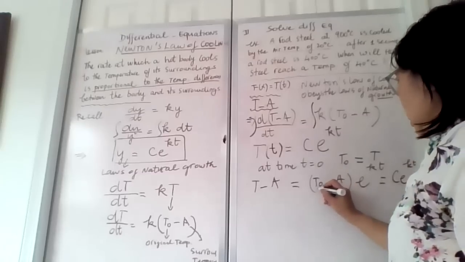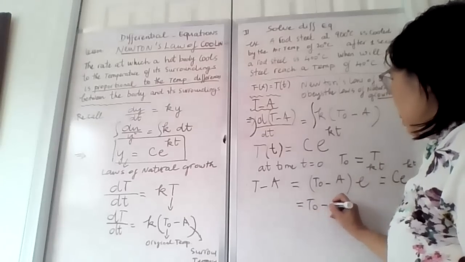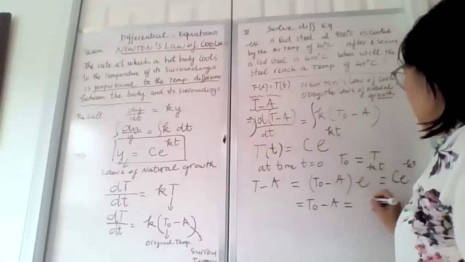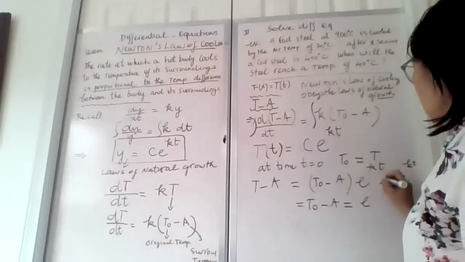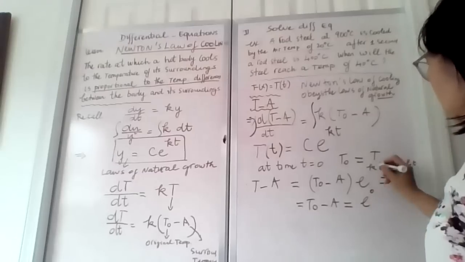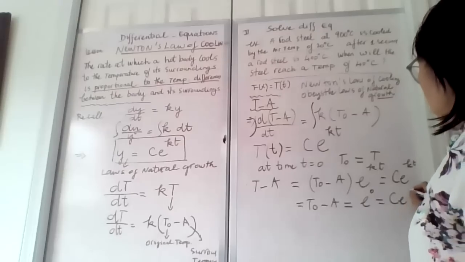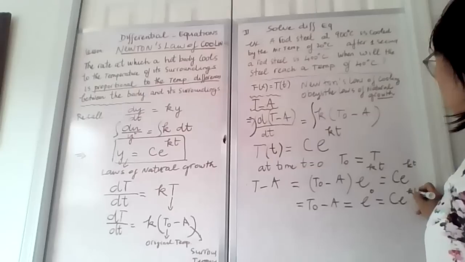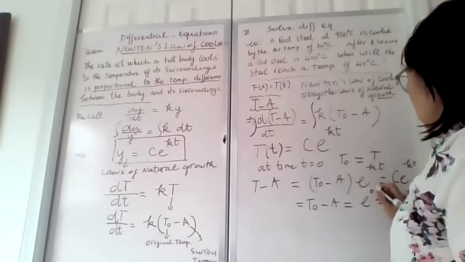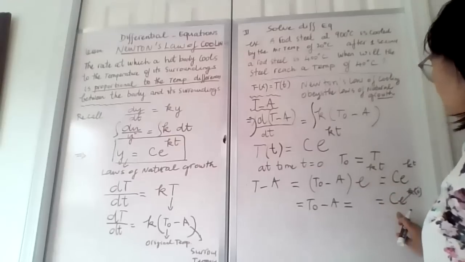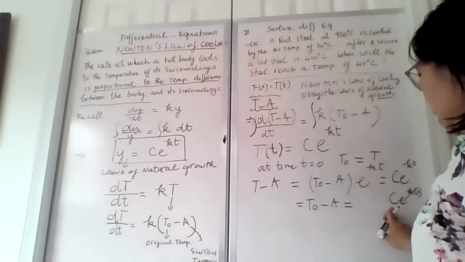Now, at time t equals 0, T0 minus A will equal C times e to the 0. Since t is 0, we substitute 0, this goes away, and we are left with C. So T0 minus A equals C.